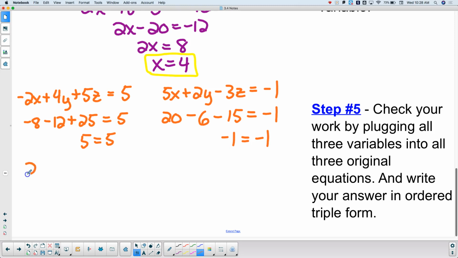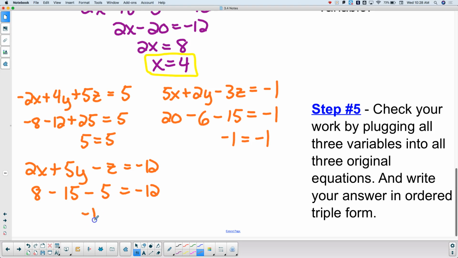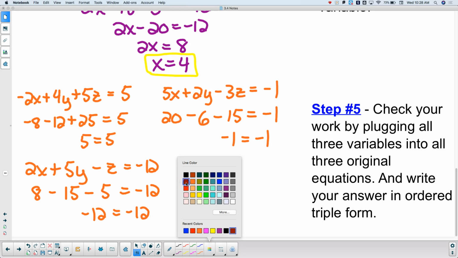Last equation, 2x plus 5y minus z equals negative 12. 2 times 4 is 8. 5 times negative 3 is negative 15. 5 is 5. 8 minus 15 is negative 7, minus 5 is negative 12, and that is equal to negative 12.